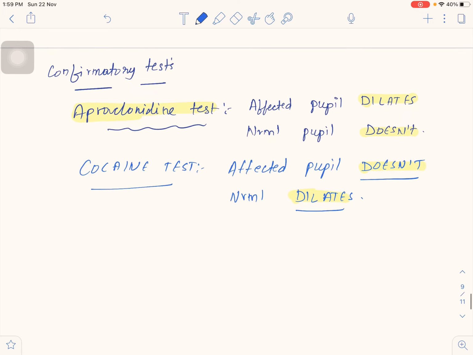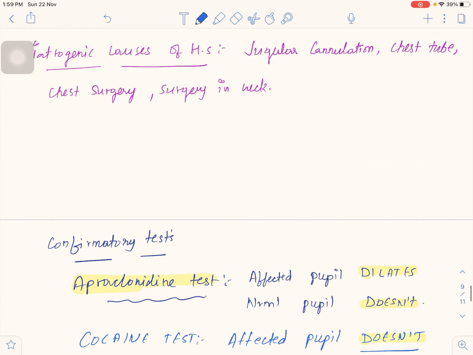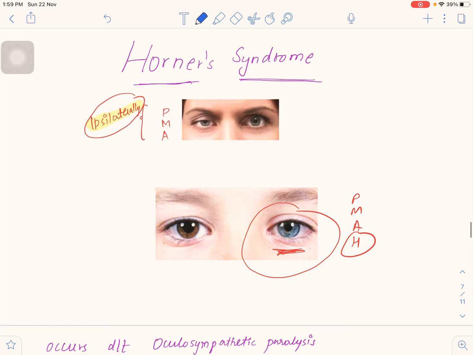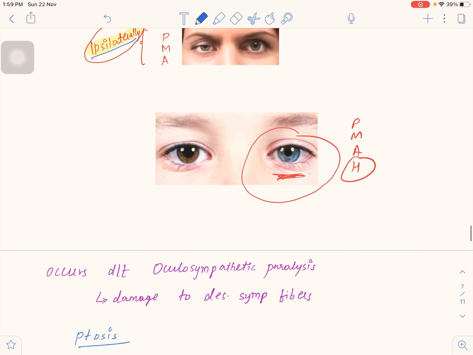So this is all about Horner syndrome and the main points in Horner syndrome. We can see the pictures. The point to remember is ipsilateral ptosis, meiosis, and anhidrosis. In the congenital Horner syndrome type, we can see heterochromia.